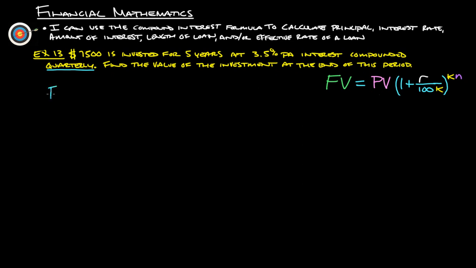So future value is going to equal the initial value, 7,500, times 1 plus the percentage rate, 3.5 divided by 100, times the k again, which is how often it's compounded per year. If it's quarterly, that means it's 4 times a year, so we'll do a 4. Those numbers are always going to match because those are both ks. And then this is for 5 years.